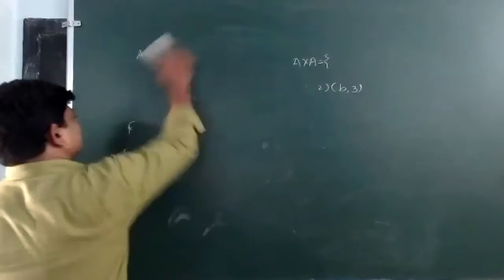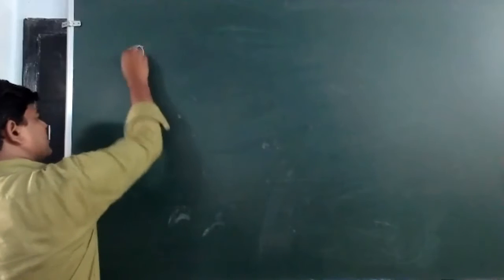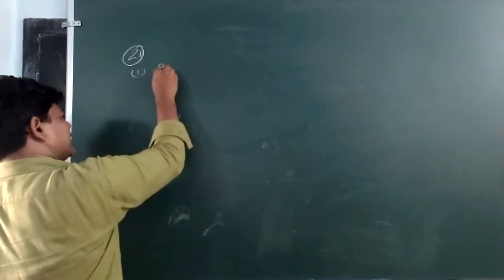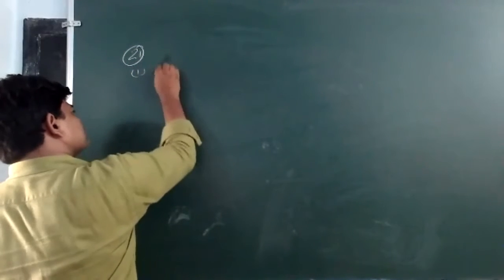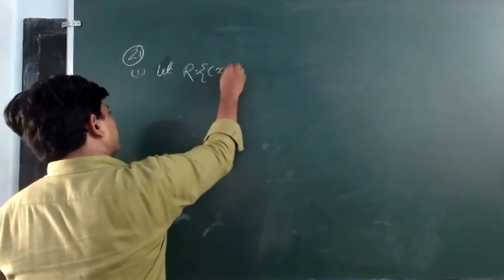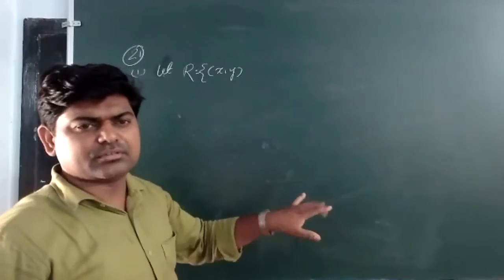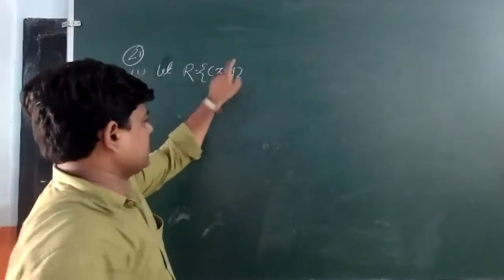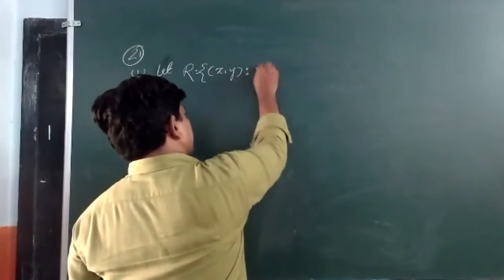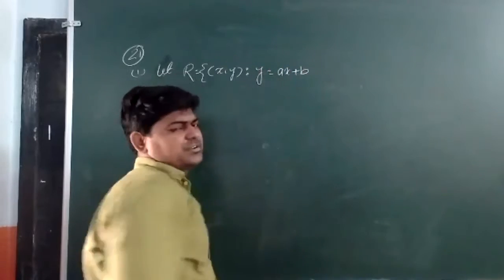So here, in the first part, let R is equal to the set of X, Y. This is the element of relation, an ordered pair between X and Y, such that Y is equal to AX plus B. This is the relation.